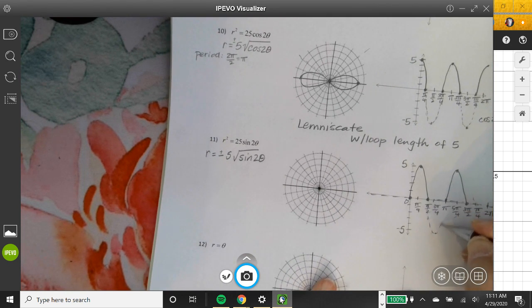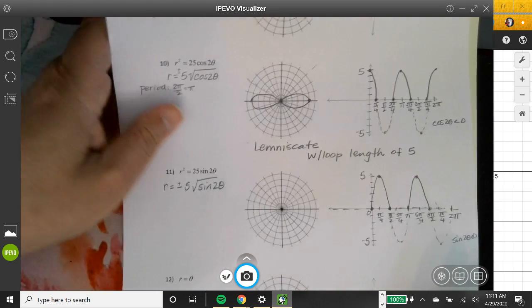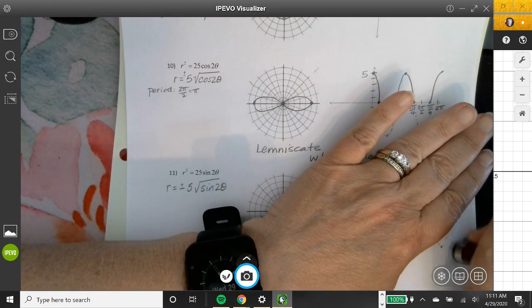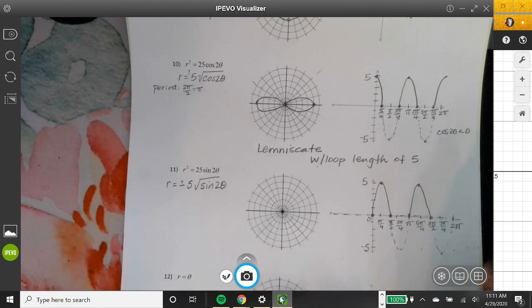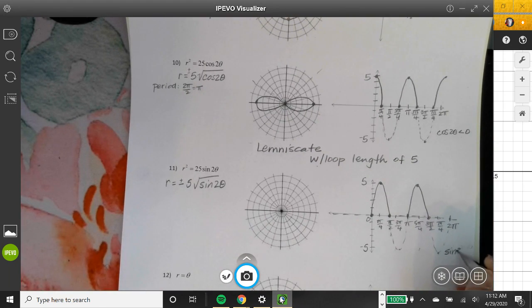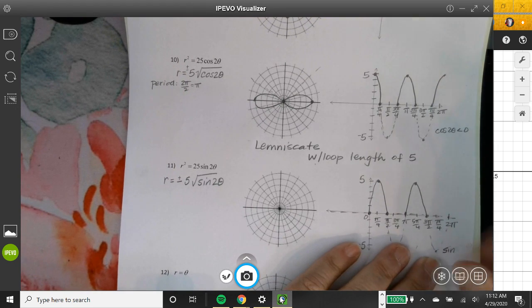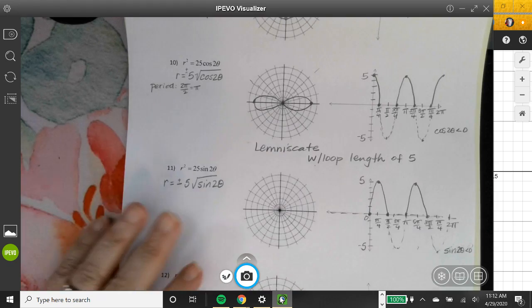These are just dashed because, why? The sine of 2 theta is less than 0 here. I can't read what I did, so let's rewrite it real quick. Sine of 2 theta, I should say, 2 theta is less than 0.